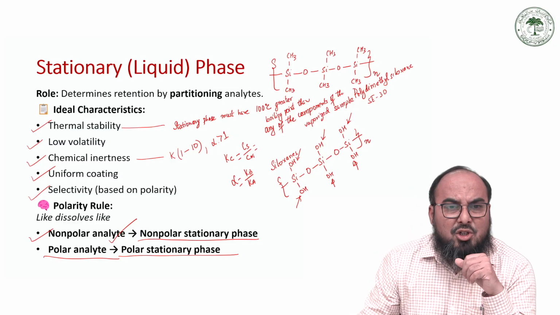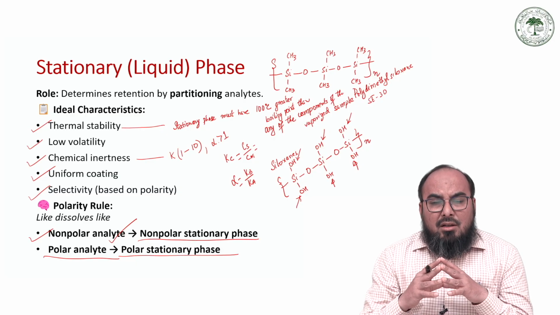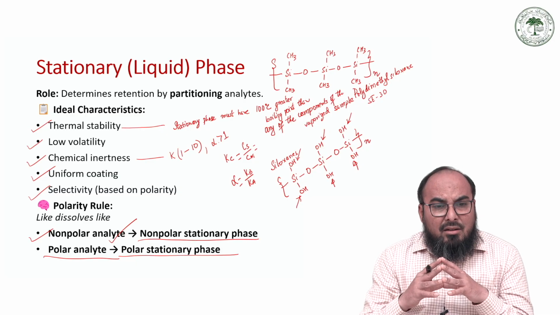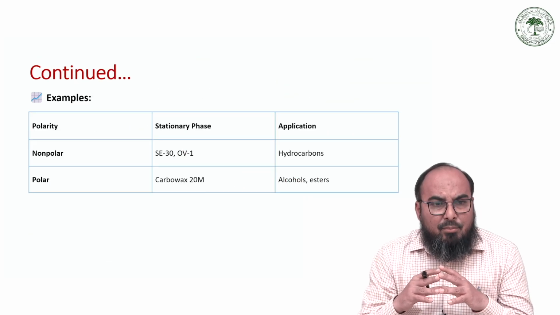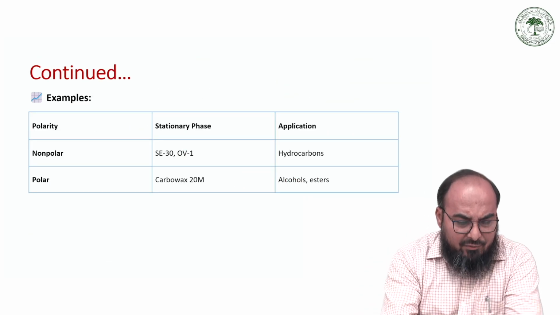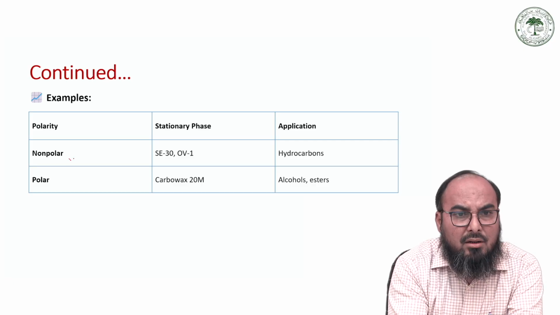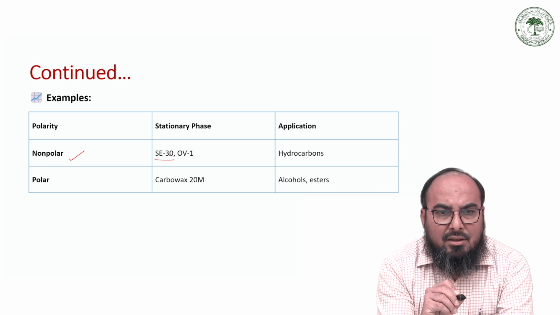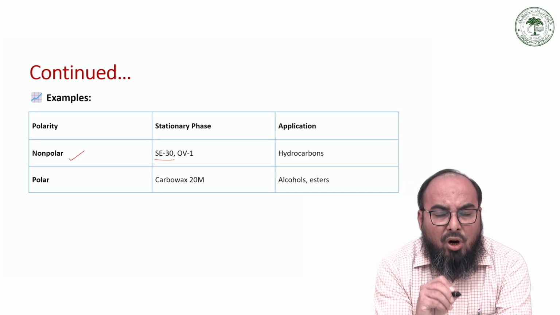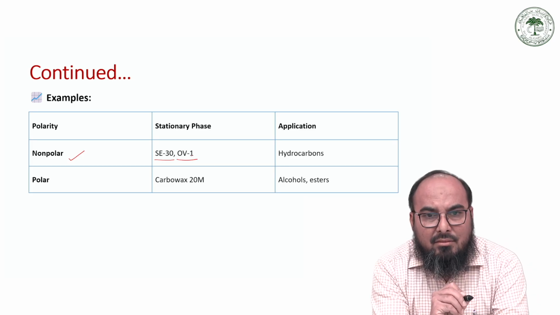So this is how you have to keep in mind the structural aspect of the stationary phase also. Polarity is very important. In the previous slide we discussed non-polar stationary phases, and the examples were SE30, which is polydimethyl siloxane, and another example is OV1.